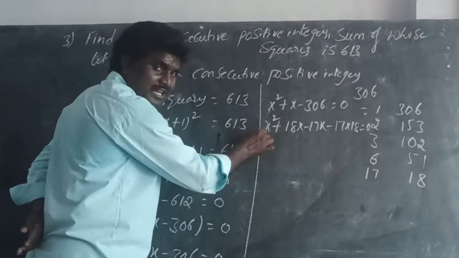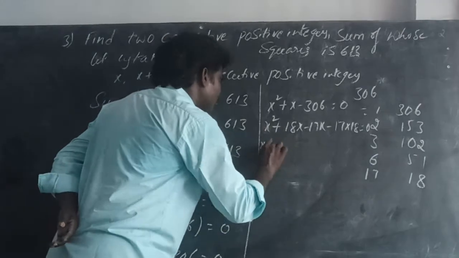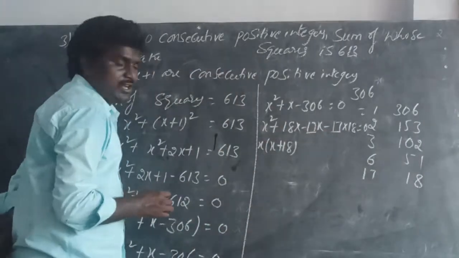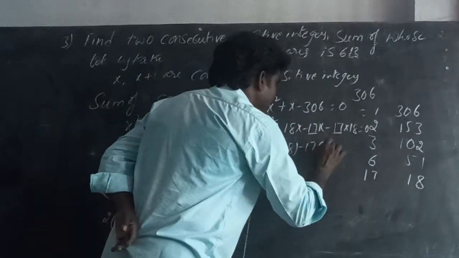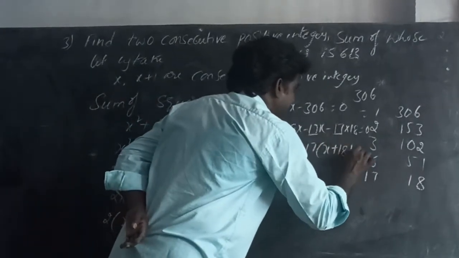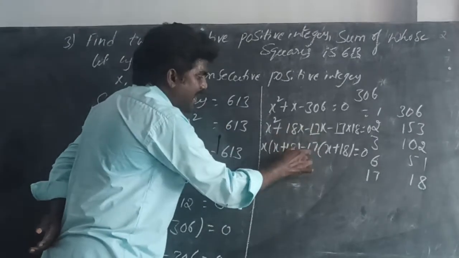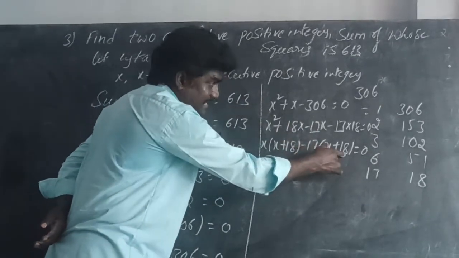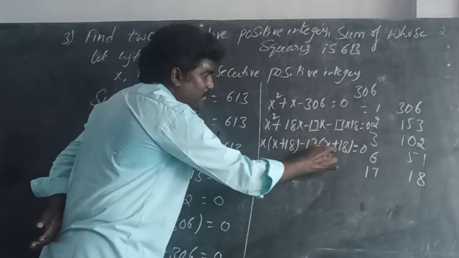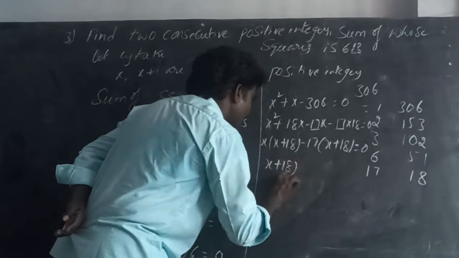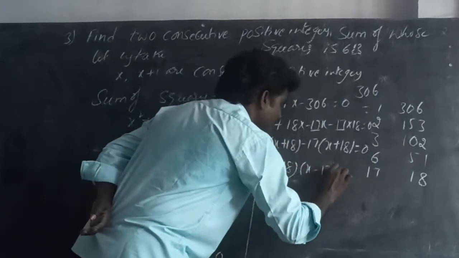In the first two terms the common factor is x, so x of (x plus 18). In the last two terms the common factor is minus 17, so taking minus 17 outside, what remains is (x plus 18), giving minus 17x and minus 17 into 18. So the total common factor is (x plus 18), and we get (x plus 18)(x minus 17) is equal to 0.